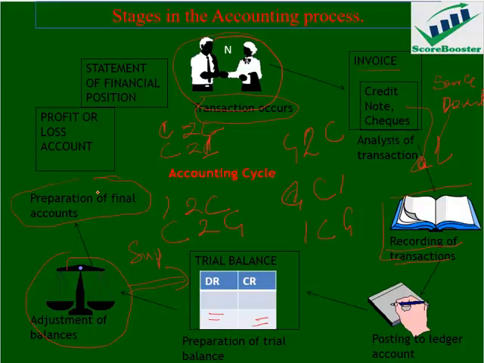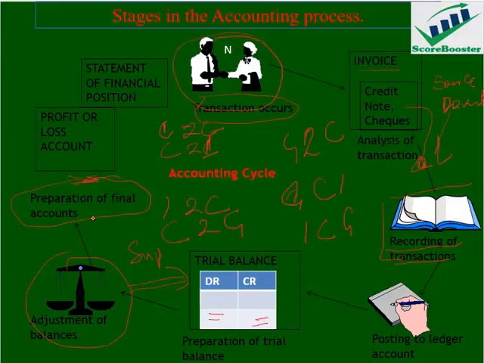The final account is a way of communicating whatever happened from this point up to this point to the users. We communicate to the users of the company, of the account. The user here can be the owner who wants to see whether there is a profit or loss. Users here can be the government who wants to collect tax.